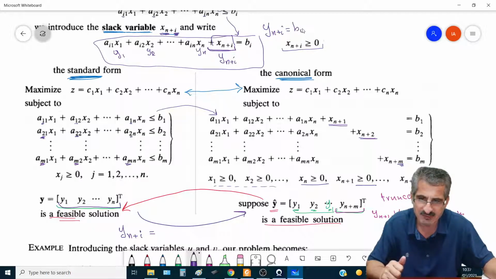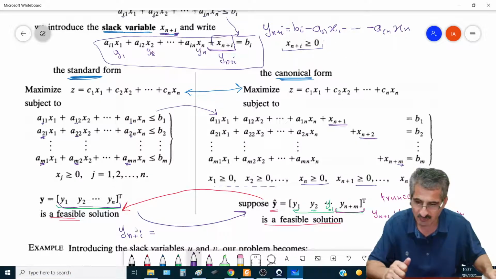It is bi minus ai1 x1 minus all the way minus ain xn. Good. So this way you will obtain it.